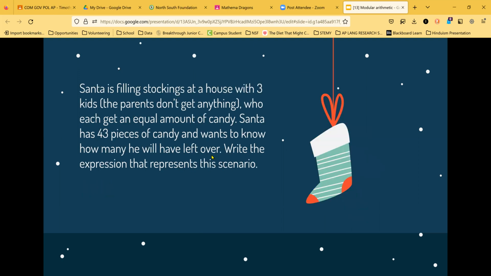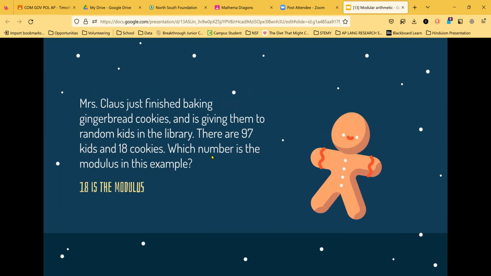So, just to solve this question for kicks: 97 cookies. If there is an equal amount of kids per cookie, how many kids will not be assigned to a cookie at all?